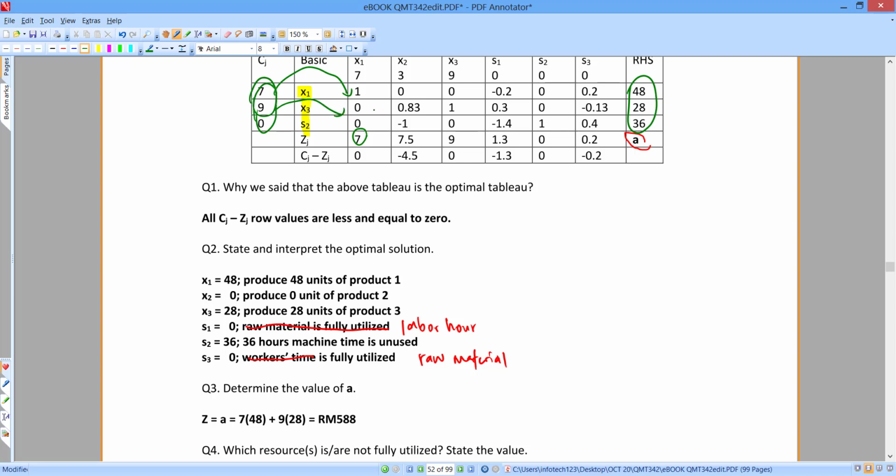So samalah konsep dia, multiply and plus. All the ZJ row value, dia punya formulation dia sama. Nak dapat value itu, you have to take the column value of your CJ multiply dengan each column value of x1, x2, x3 and so on.